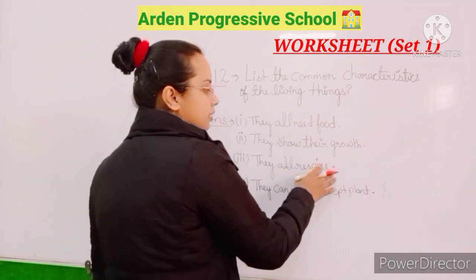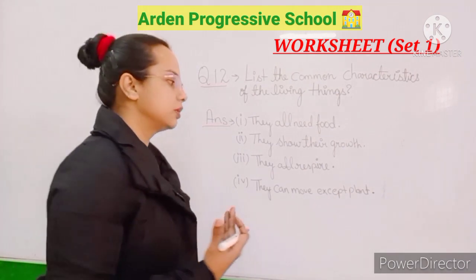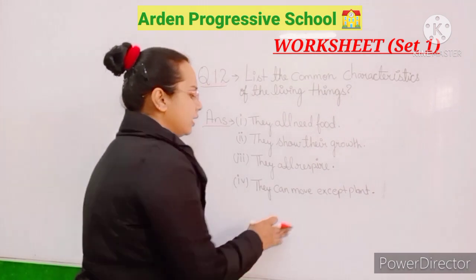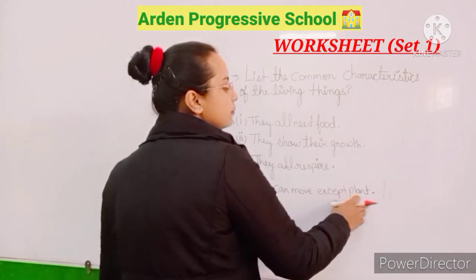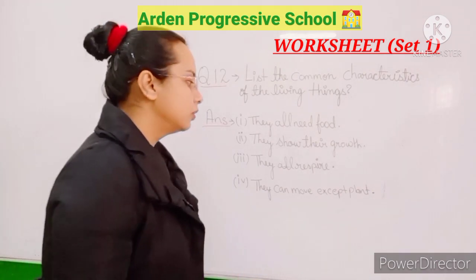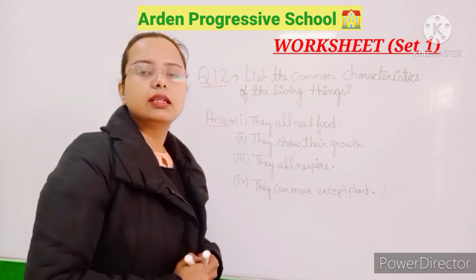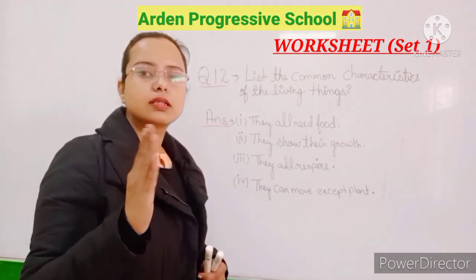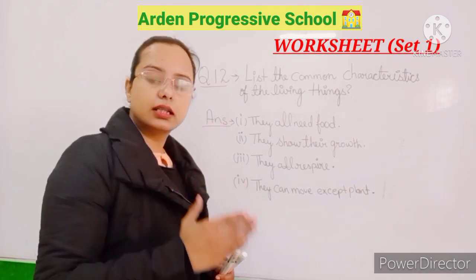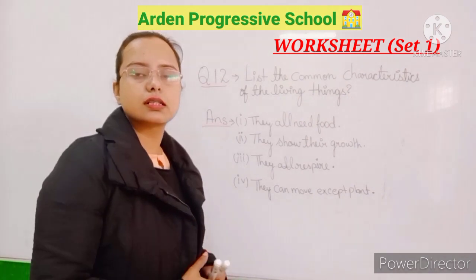They all respire. Okay, we do respiration. We breathe and respiration takes place. So they all respire. Next is they can move except plants. All the living things can move, although the plant also shows motion. It bends towards the sun, because the plant needs the sun rays for photosynthesis.